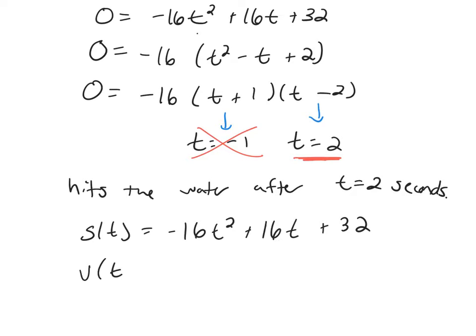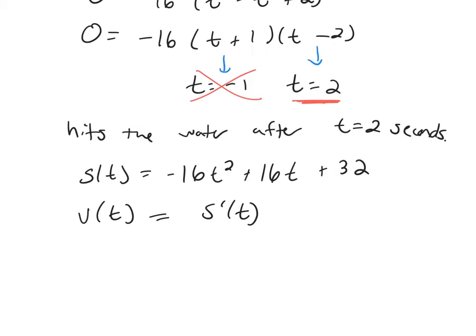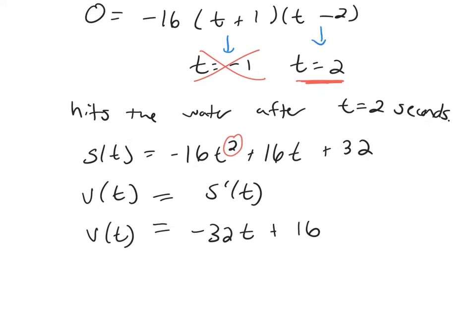To get velocity, we just need to take the derivative of this position function. So what would the derivative be? Use your power rule here. So it would be negative 32t plus 16. And I want to know what the velocity was at impact.